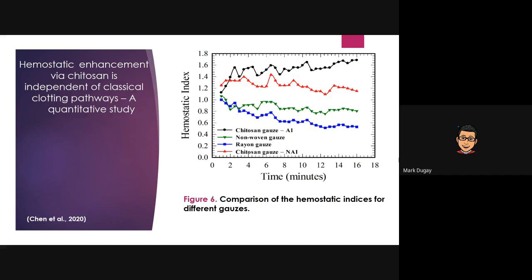As shown in the figure, both Kitosan-based gauzes are better than the cotton, where Kitosan gauze has the highest hemostatic index compared to the other gauzes. However, acidified Kitosan gauze A1 responded more favorably than the non-acidified gauze Na1.